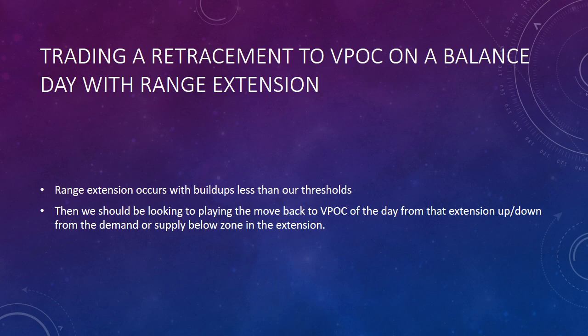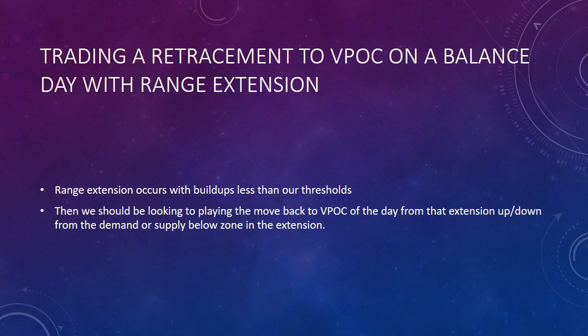So then what happens after that extension is that there is a demand or supply zone formed after that extension. If the extension is to the downside, there is a demand zone that is formed over a period of time at a particular price, right?